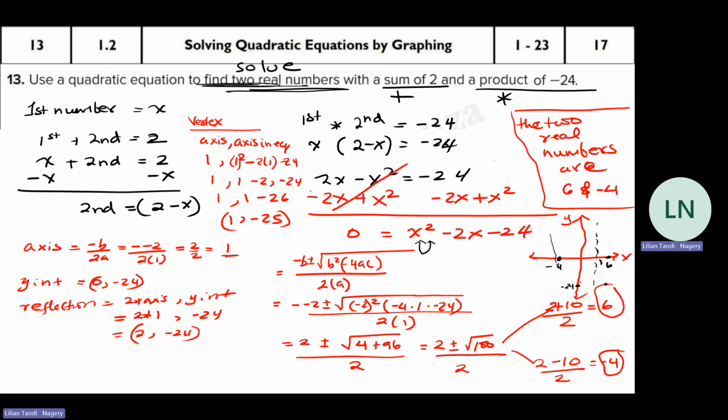So your graph should look like that. Oh, this, no. This should come down a little bit because you should be at negative 25 for the vertex. So your graph should come like this and then like that.